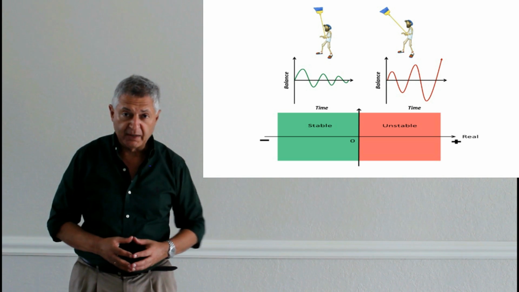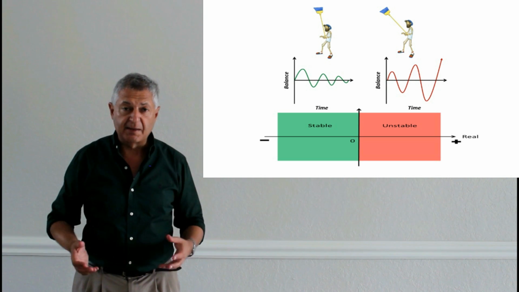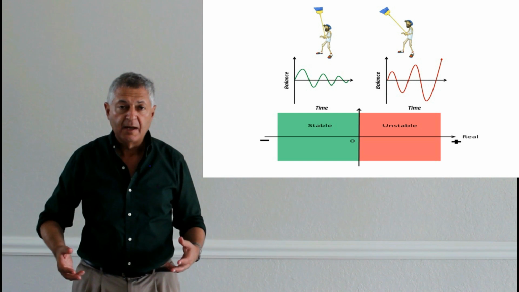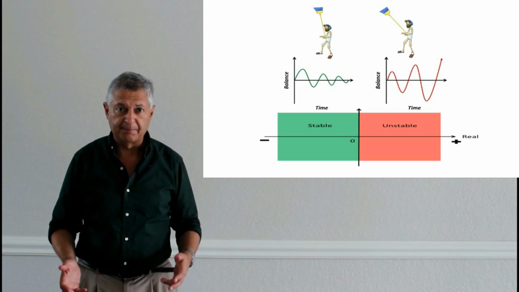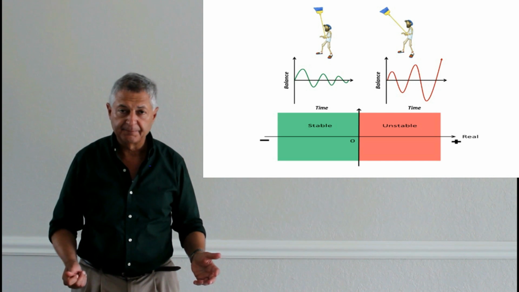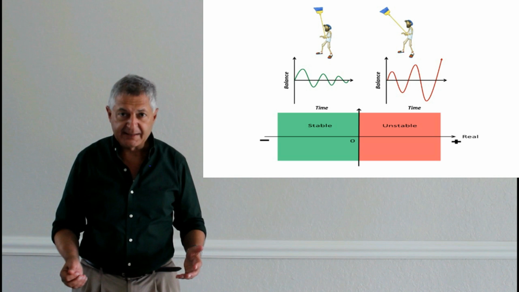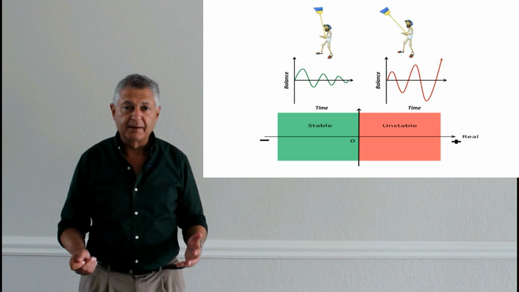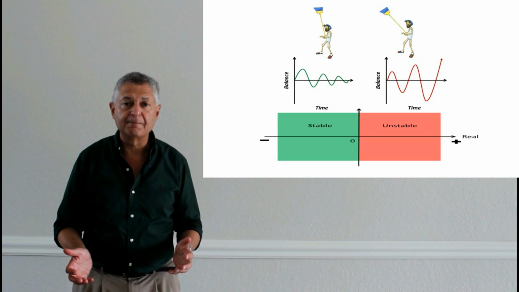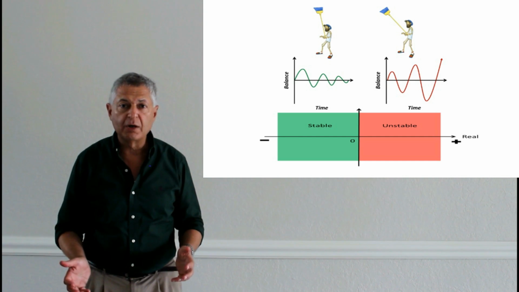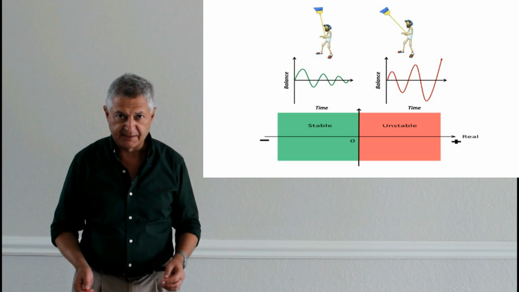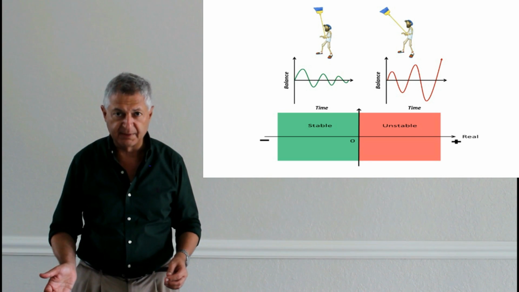In the first case, where it's stable, the system, meaning the broom or the stick with the performer, is a stable system, and all the poles are in the left-hand side, in the green part. In the second case, the performer and the stick together are an unstable system, and there is a pole in the right-hand side, which is the red part of the S-plane.